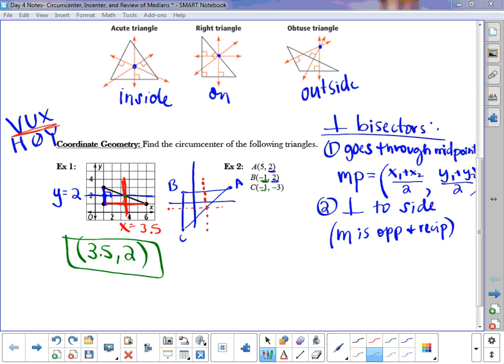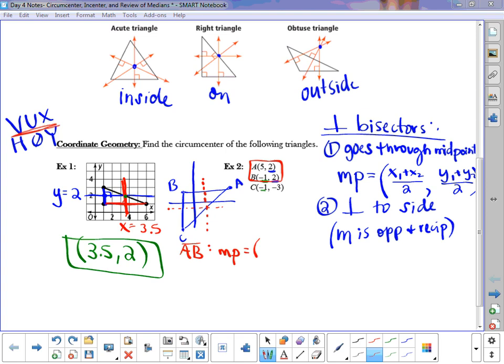Good question. Okay, so I'm going to start off with segment AB, because I need to find out some information about that. I know that my perpendicular bisector must go through the midpoint. So first, let's identify our midpoint. I add the x's together, divide by 2, add my y's together, divide by 2.